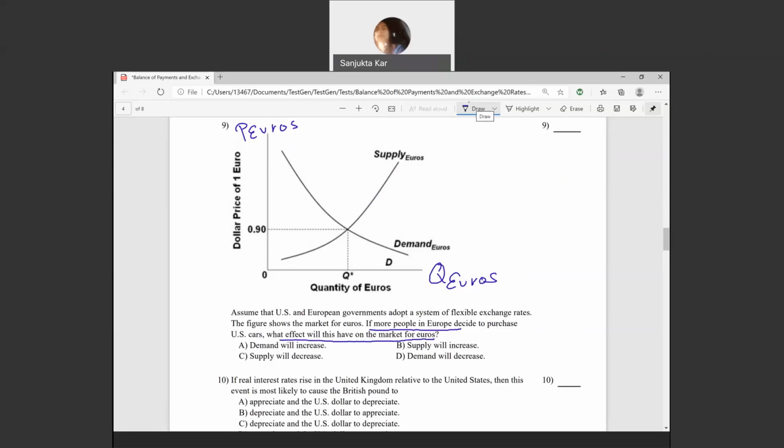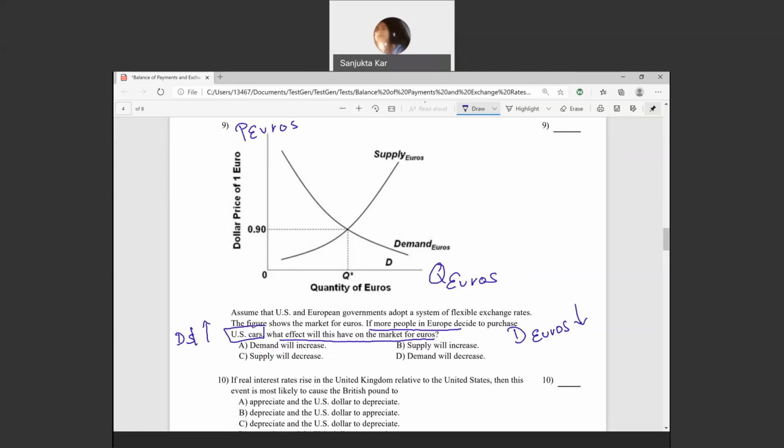Okay, so people want to purchase more US cars. This increases the demand for dollars, and decreases the demand for euros.